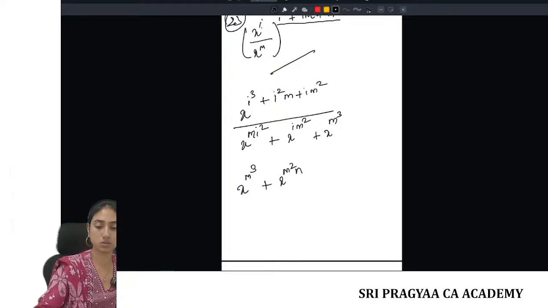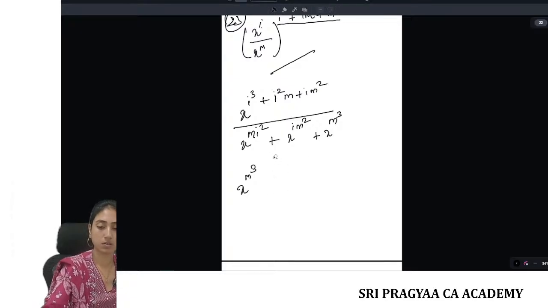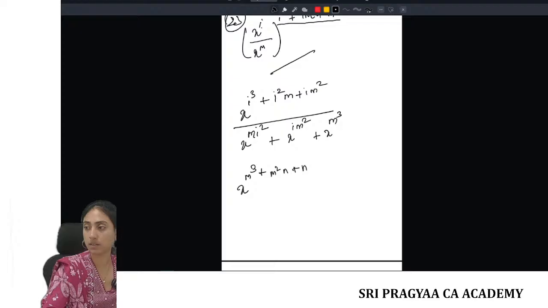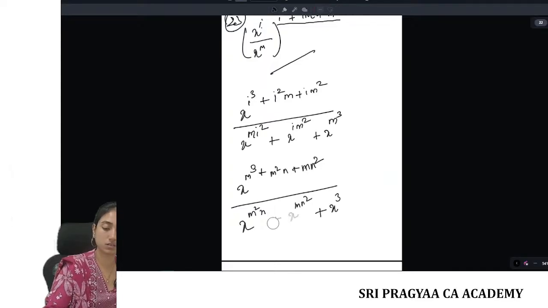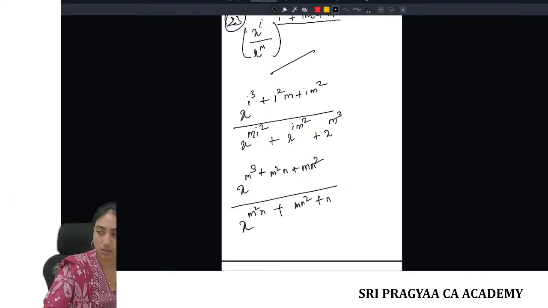Plus m squared n plus n squared divided by n, m squared n, n squared. Sorry. These will all come in the power. n cube.